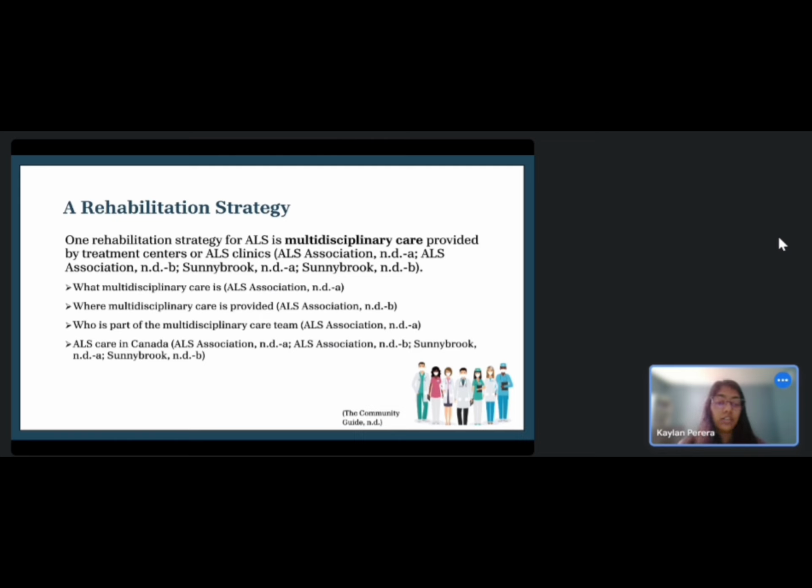Then there's the social worker who can provide information about health benefits and who also can discuss financial or work concerns and even be in a psychosocial support role. There is the speech-language pathologist who looks at speech and swallowing and may also provide supplemental or alternative communication methods.